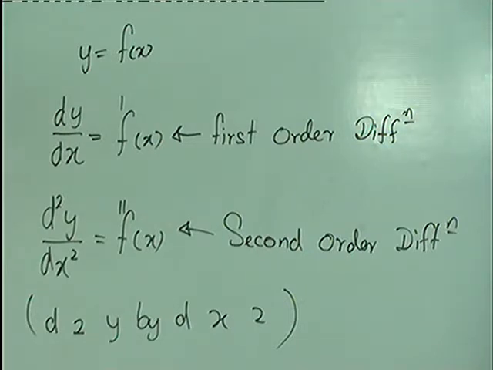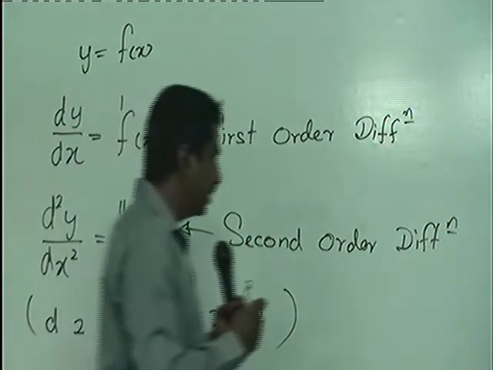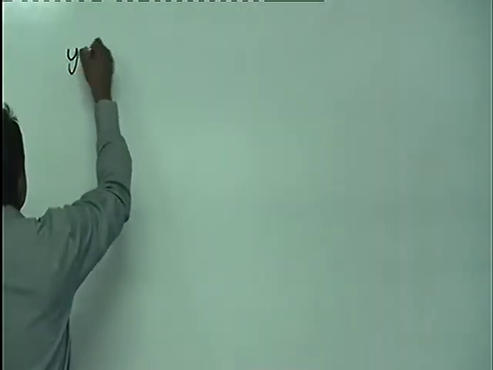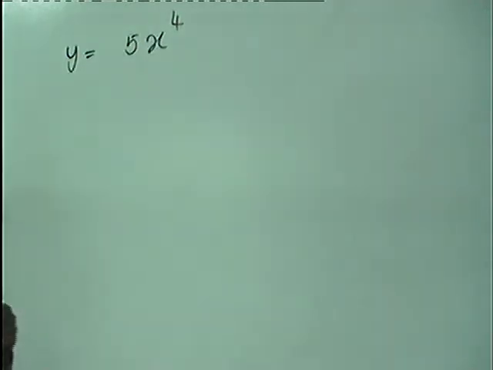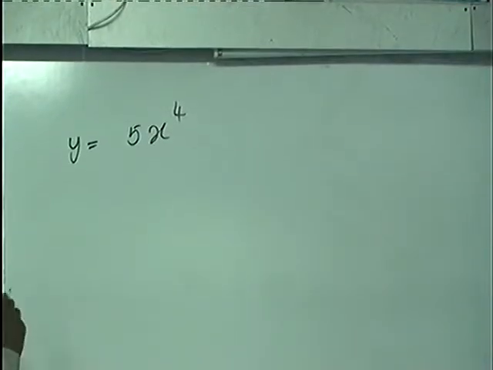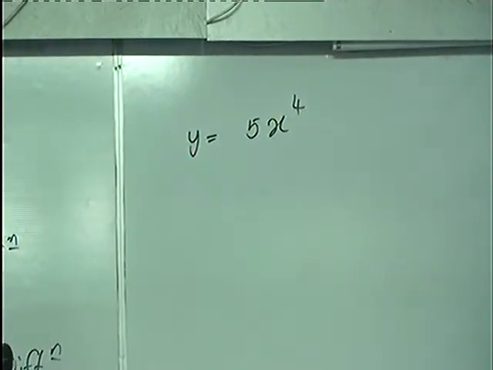Right. Now we'll focus on an example. I'll write this side. Take a function like y equals 5x to the power 4. I want to calculate the second order differentiation.